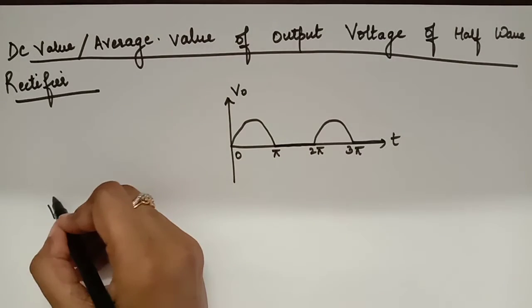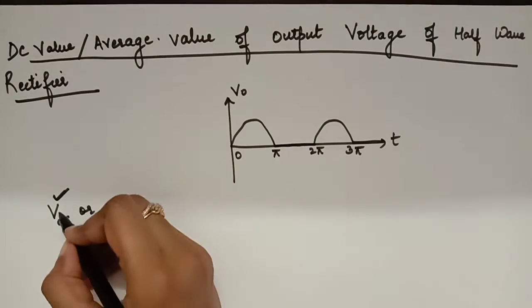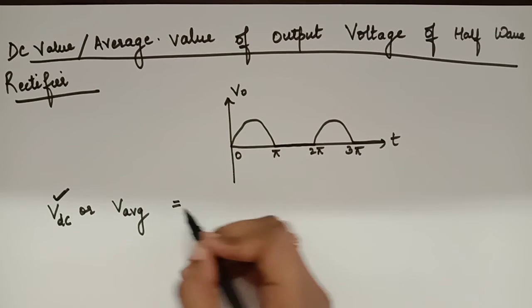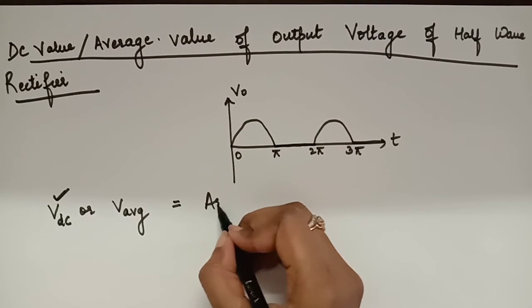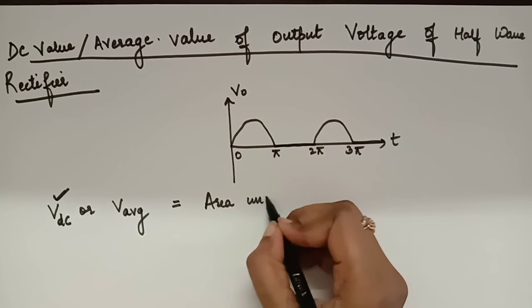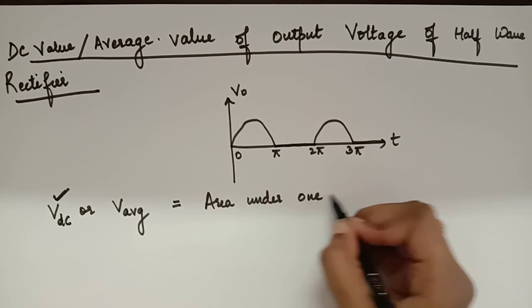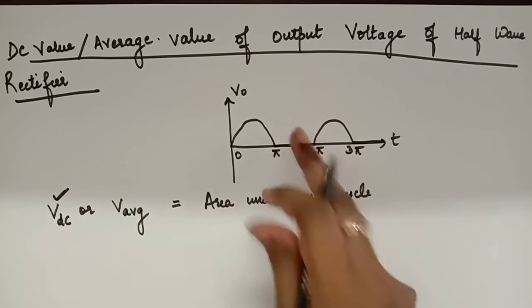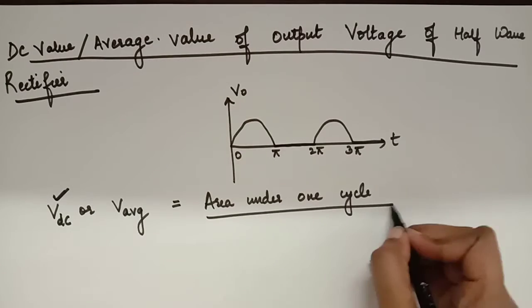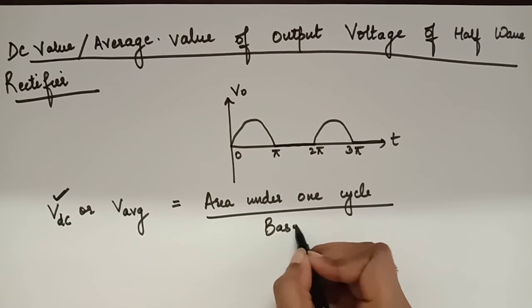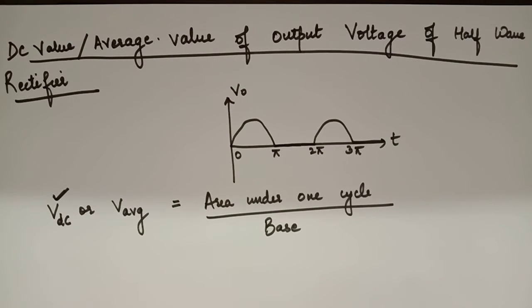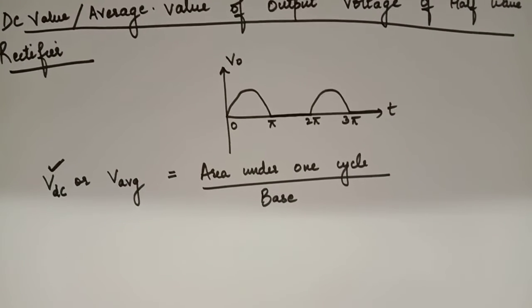So we usually remember VDC, and it is equal to the area of the curve under one cycle upon base. So we remember the formula like this.